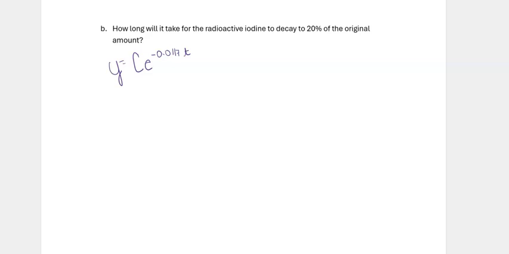And I will be solving for t when my y is 20% of the original amount. So what does that look like? Well, that would be 20% of my original amount, which would be 0.2 times c, equals c times e to the negative 0.0117t. And I'm solving for t.